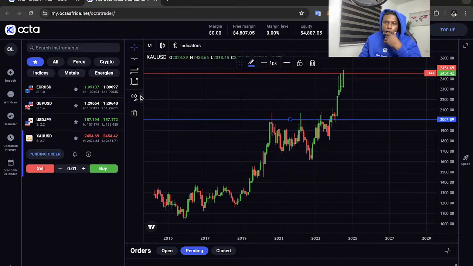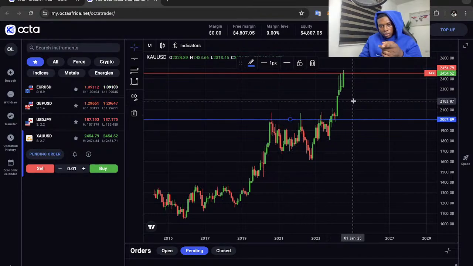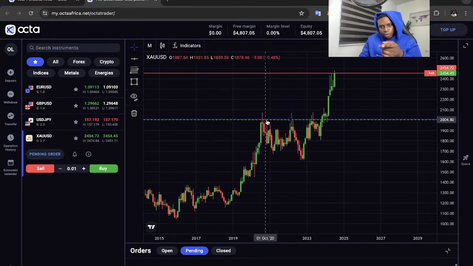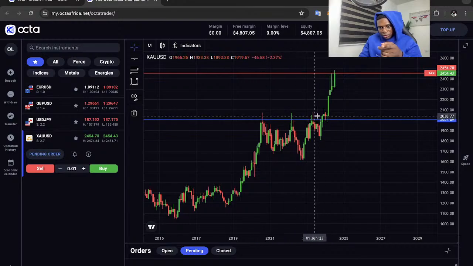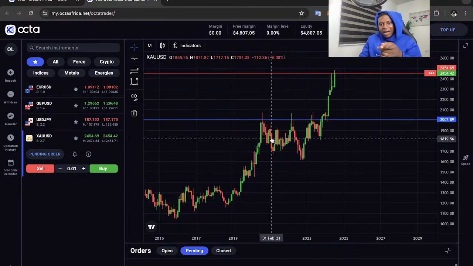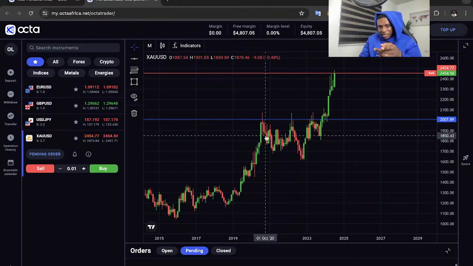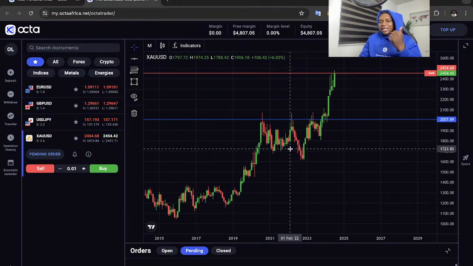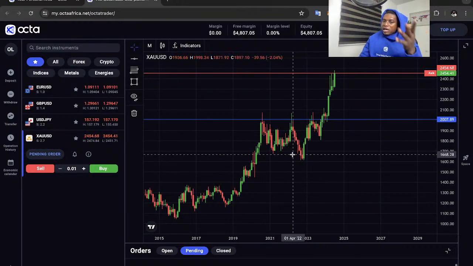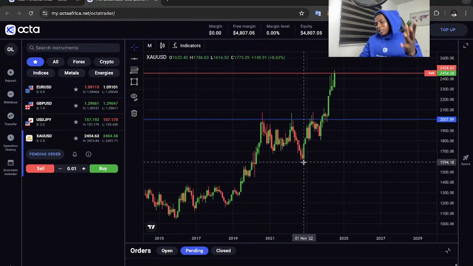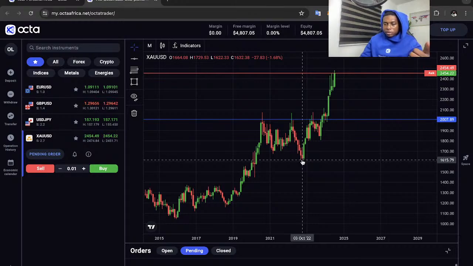When we look at this now, we can see that gold had broken through a resistance zone after lingering longer on that resistance zone. That validates my point when we were analyzing the Euro USD market.